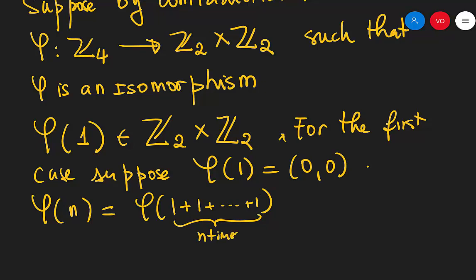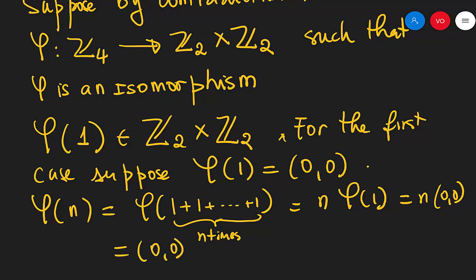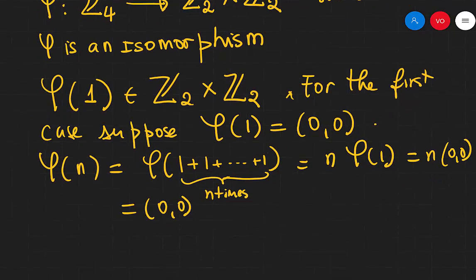Since we have a homomorphism, this will be n times phi of 1, which will be n times 0,0, which is clearly 0,0. Thus phi is not surjective.